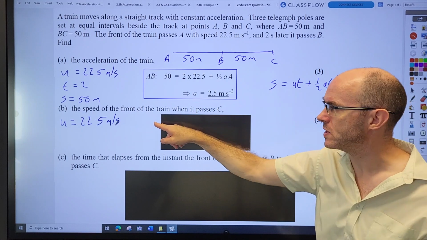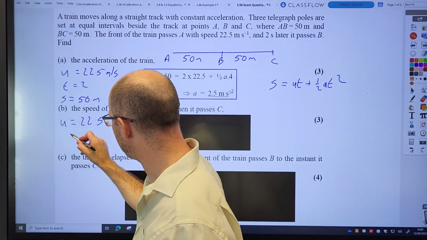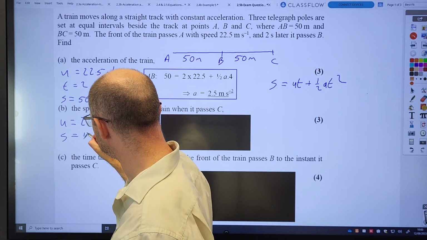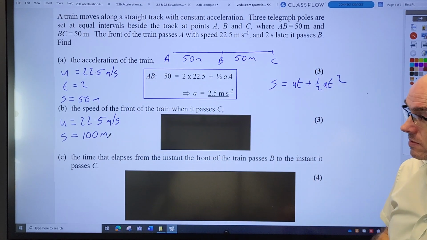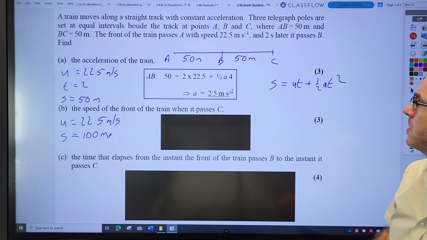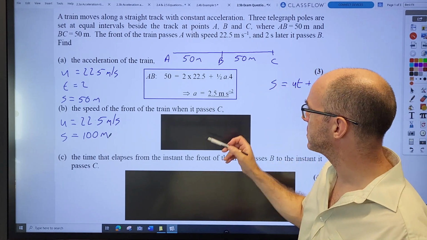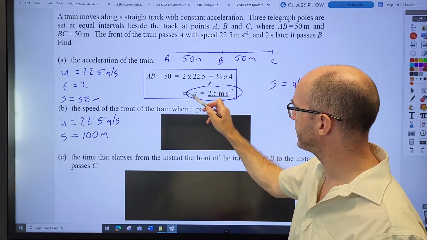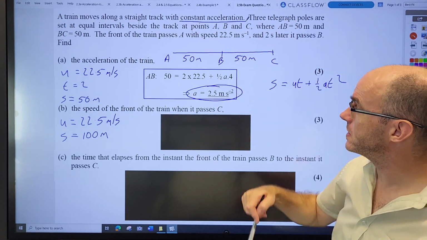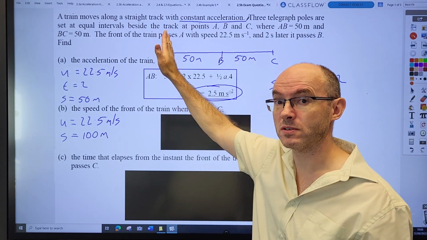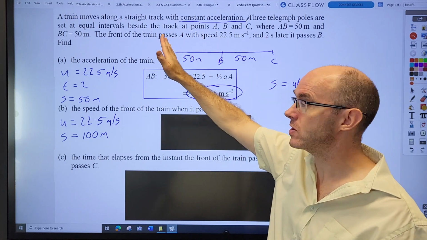So we know U is 22.5 metres per second. The displacement this time is going to be 100, because it's from A to C. And what's the other bit of information we can use? Well, we're going to have to use this bit here that we've just worked out. Now this is constant acceleration, which means the train will constantly accelerate at the same rate all the way along.